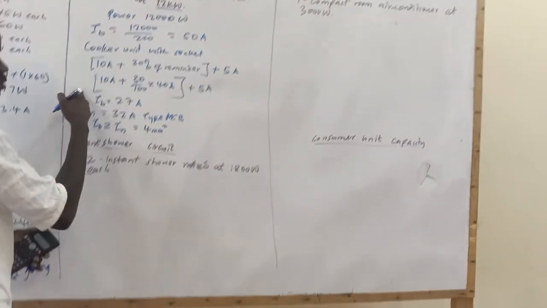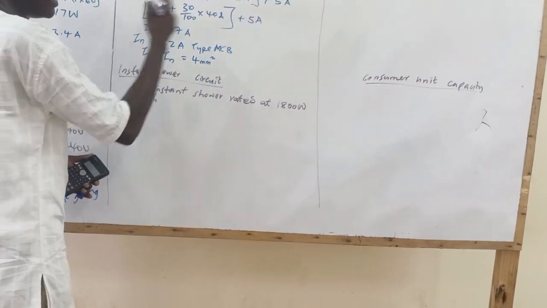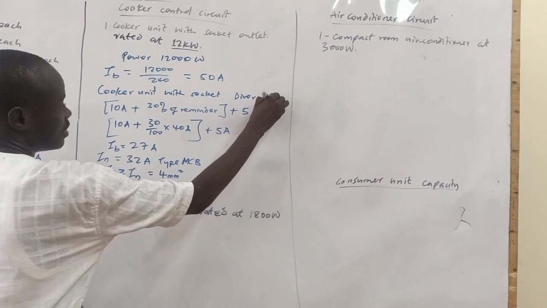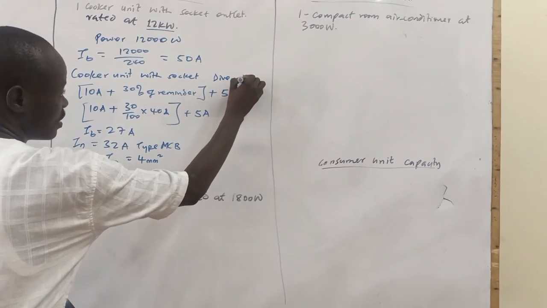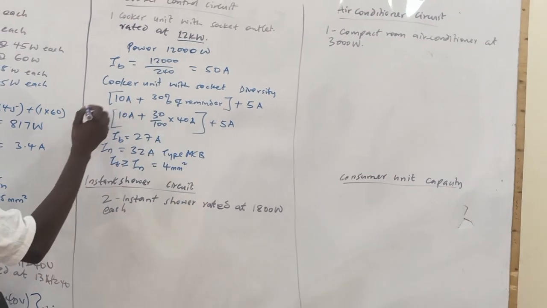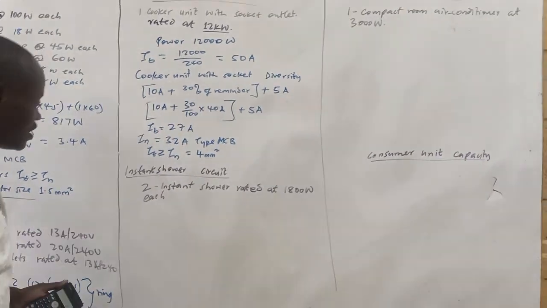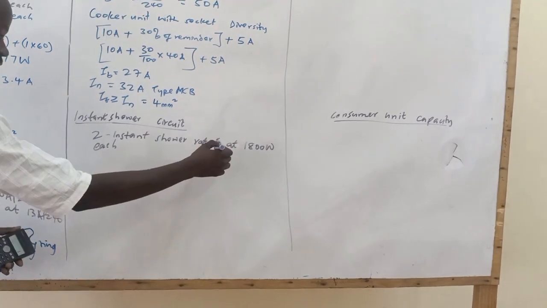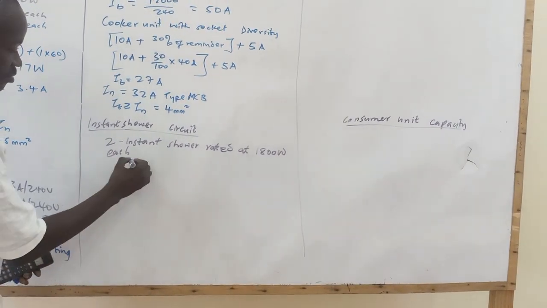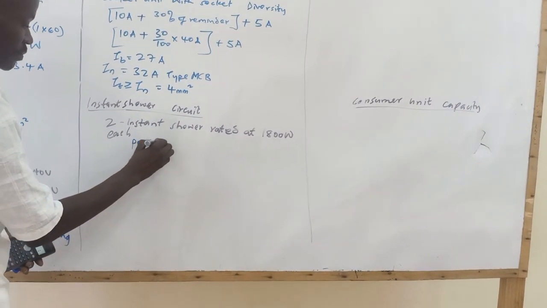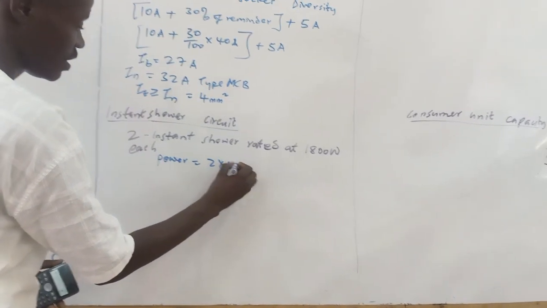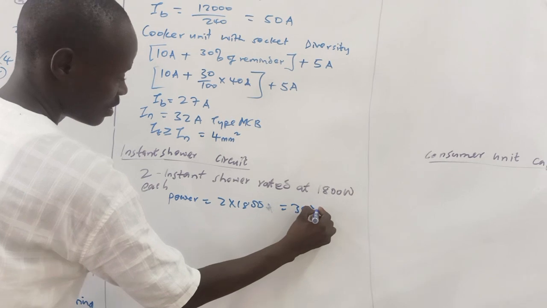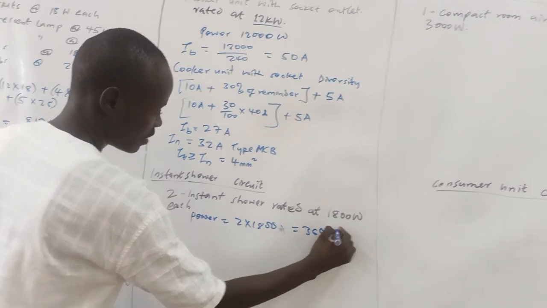You can see here we have introduced this new thing called diversity factor. There are certain things that have a diversity factor. This goes even for discharge lamps and all that. So for the instant shower, it's simple. We have 2 instant showers, all rated at 1800 watts. So total power in this case is 2 times 1800, which is 3600 watts.